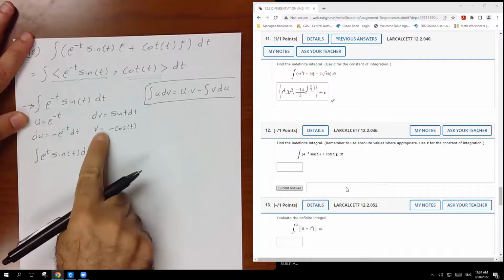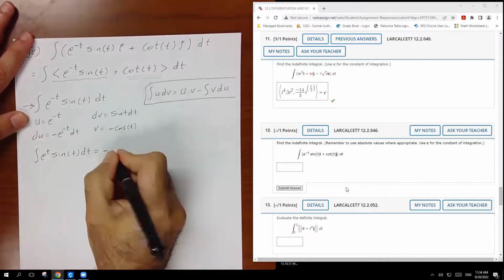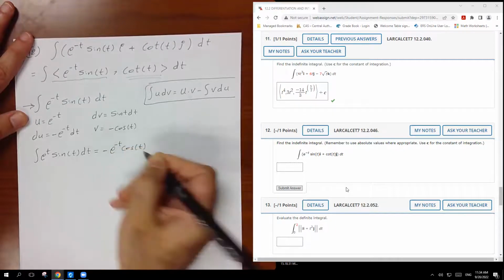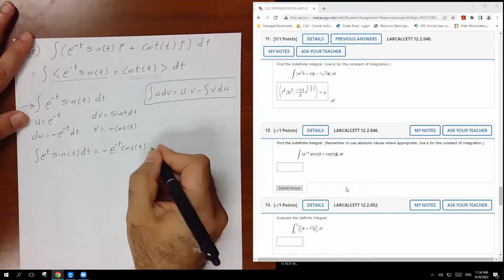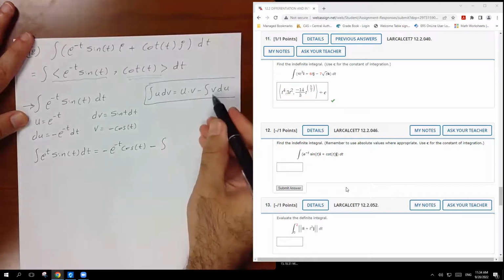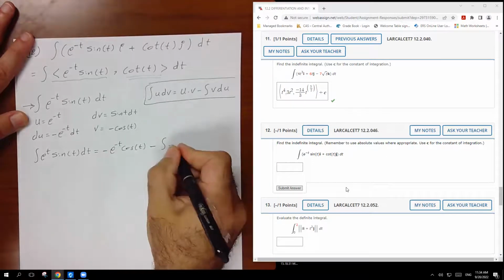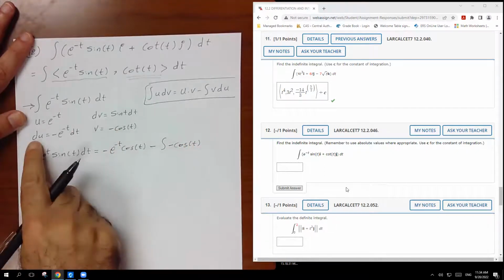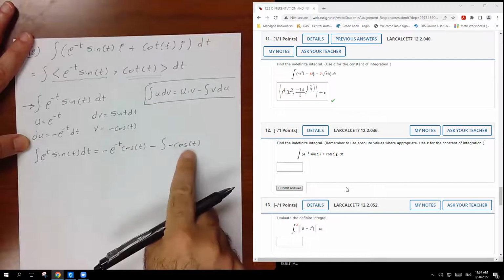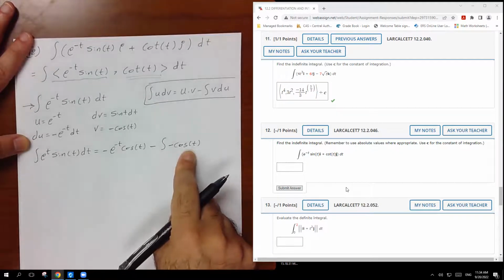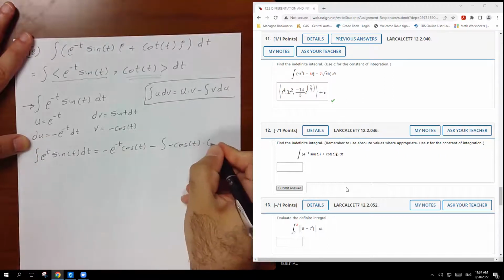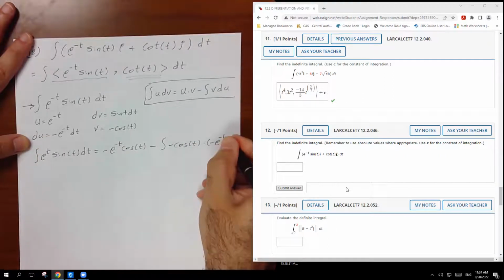Here is the u and here is the v. So it's going to be negative e to the negative t cosine t and minus the integral of v. Here is the v, which is negative cosine t, times du, which is also negative, times negative e to the negative t dt.